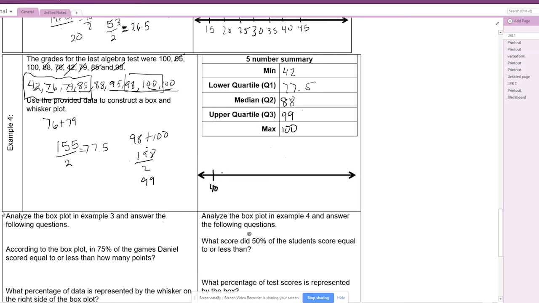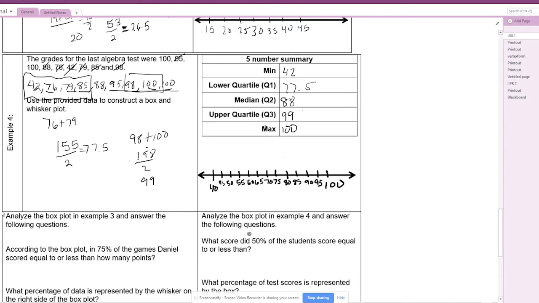We're going to count by fives. 45, 50, 55, 60, 65, 70, 75, 80, 85, 90, 95, and 100.